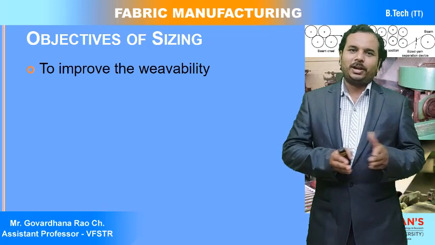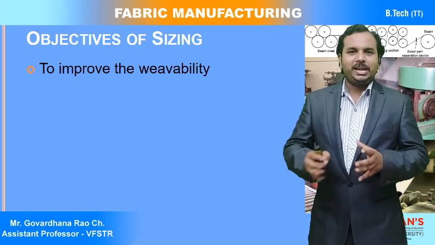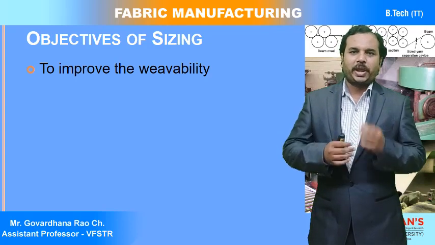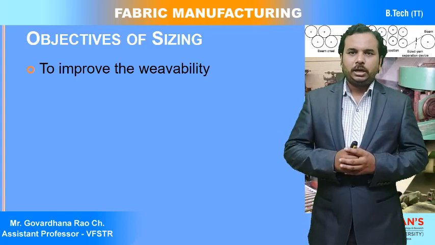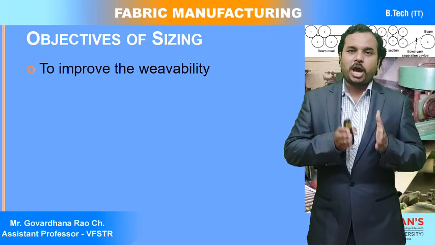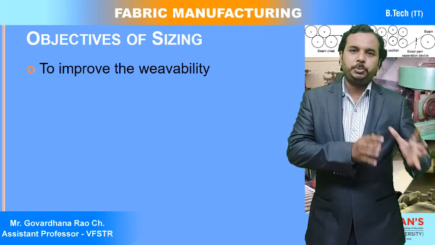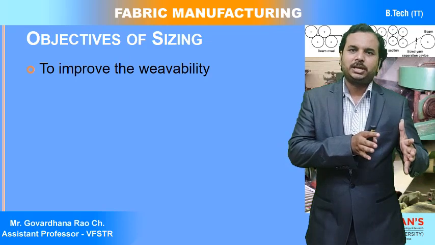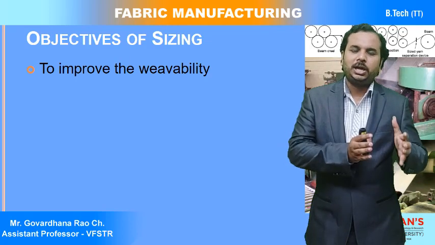As I already mentioned, in the weaving area there are stresses and strains applied in the weaving machine. The warp yarns or warp sheet should resist whatever stresses are produced in the weaving area.